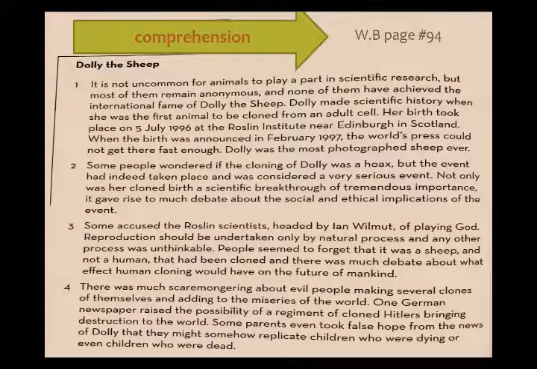Her birth took place on 5 July 1996 at the Roslin Institute near Edinburgh in Scotland. When the birth was announced in February 1997, the world's press could not get there fast enough. Dolly was the most photographed sheep ever.